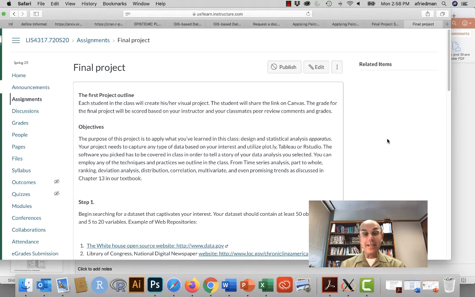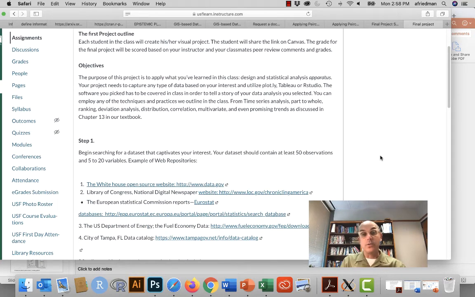So the idea behind it is that there are a lot of repositories that allow us to collect data. For example, the White House has a repository, data.gov, and the Library of Congress also has one, and the European Statistical Commission has a report, and even the city of Tampa has a catalog with data.